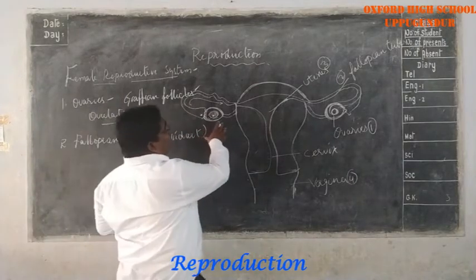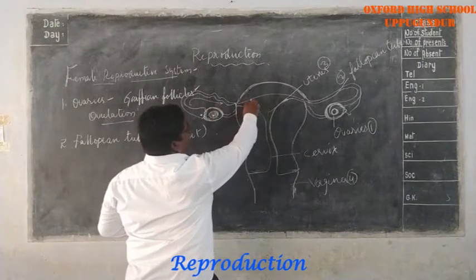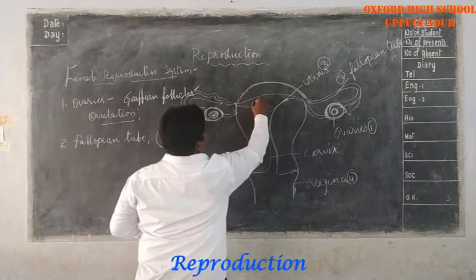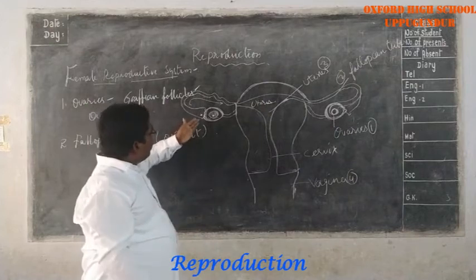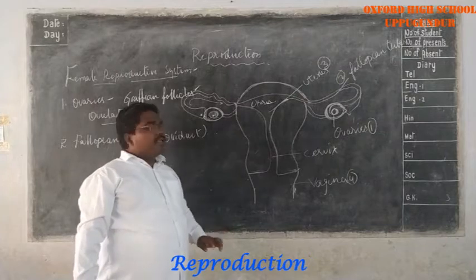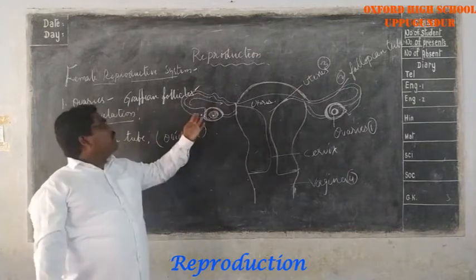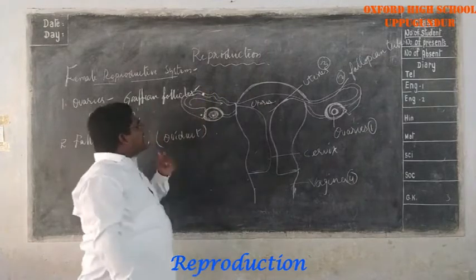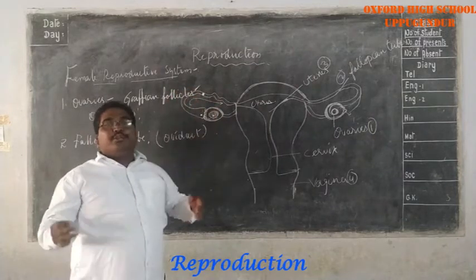This duct arises from the neighborhood of the ovary to the thick muscular walled uterus. So the ova travel through this fallopian tube. Fertilization takes place when the ovum travels through this fallopian tube. Thus the new life starts.